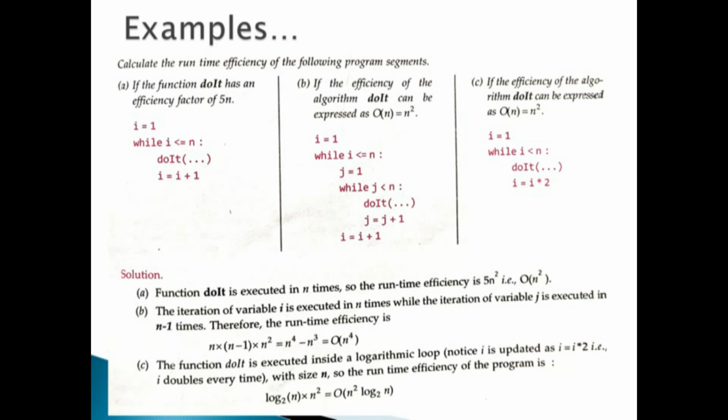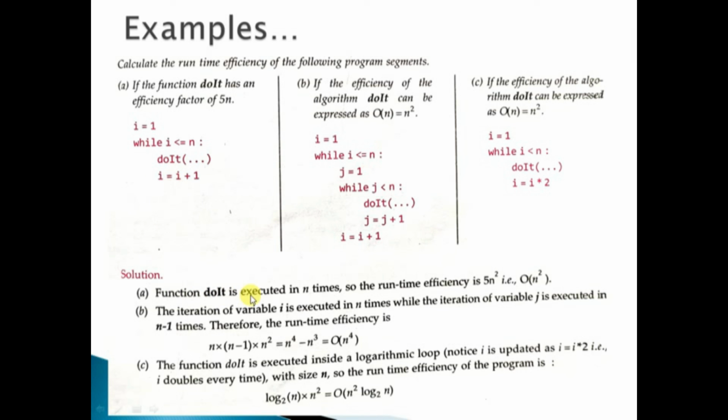Now this is another example in which we have a function called doIt, which has an efficiency of 5n, and we have used this doIt in different situations. Here doIt has efficiency of 5n, and this will require some constant time.